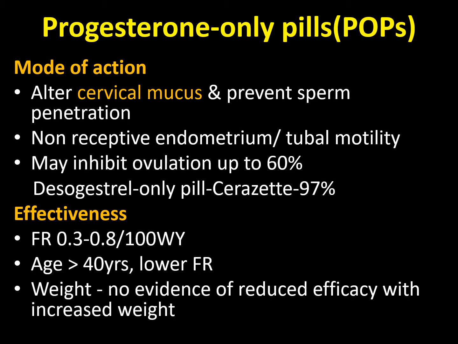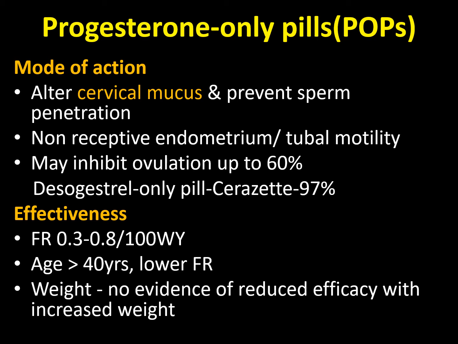The older first-generation progestogen-only pill does not prevent ovulation and has to be taken within 3 hours of the same time every day, while the newer desogestrel-only pill, Cerazette, has around 97% inhibition of ovulation, and there is a longer window for administration of around 12 hours.